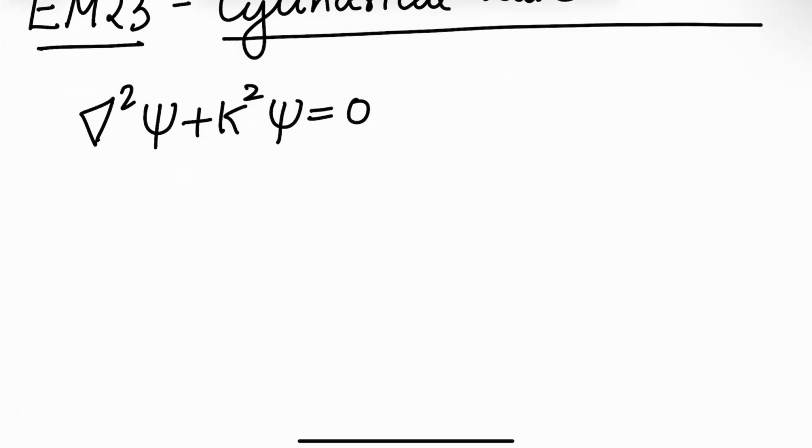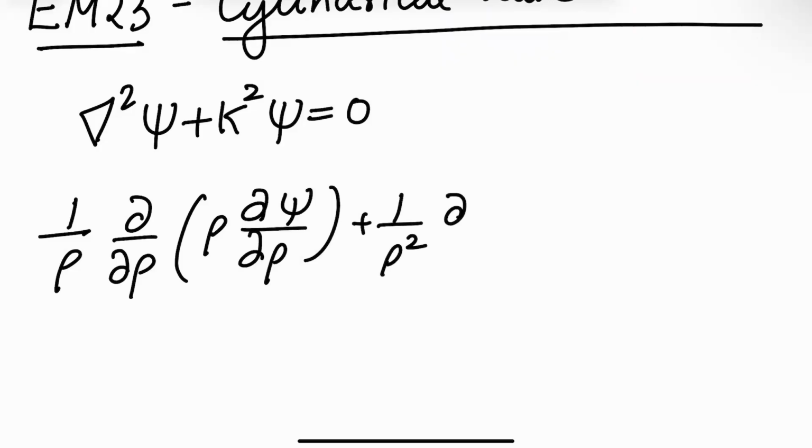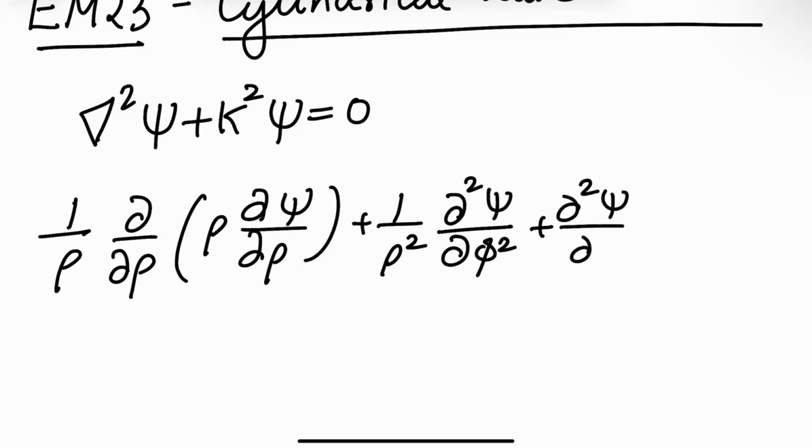In cylindrical coordinates, we know that del squared becomes 1 over rho d/d rho of rho d psi/d rho, plus 1 over rho squared d squared psi over d phi squared, plus d squared psi over dz squared, plus k squared psi equal to 0.